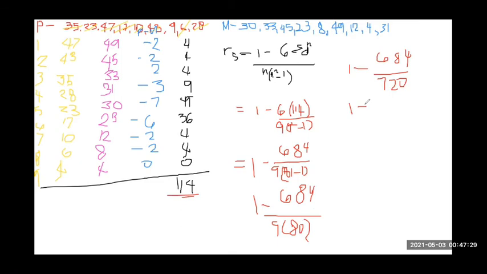So 1 minus 684 divided by 720 will equal 0.95. So 1 minus 0.95 is equal to 0.05.